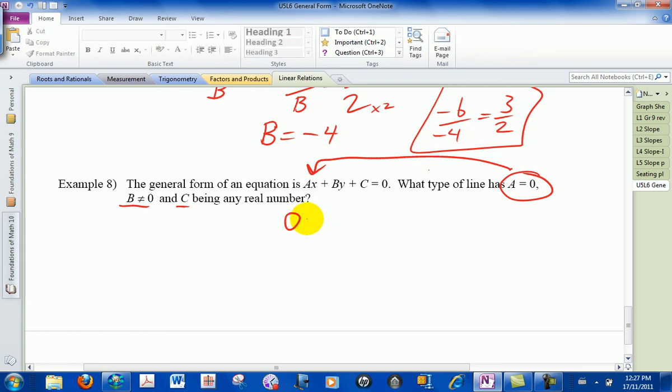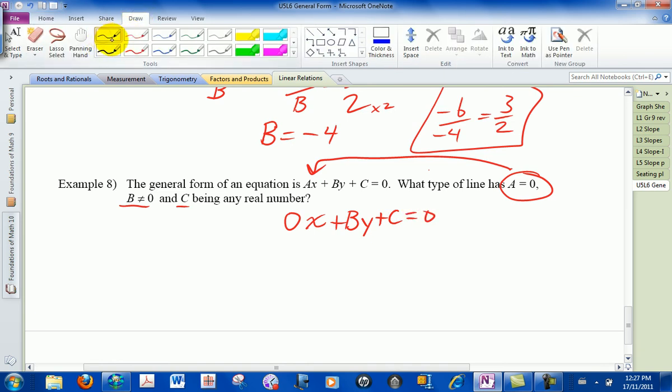So we have 0 times x plus by plus c equals 0. What happens when you do this multiplication? When you actually do 0 times x, what happens? It cancels out to 0. We don't need to write it. So we're left with by plus c equals 0. Okay, because 0 plus by simply equals by.